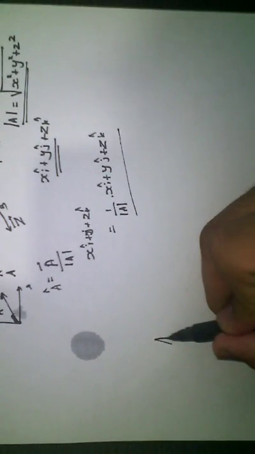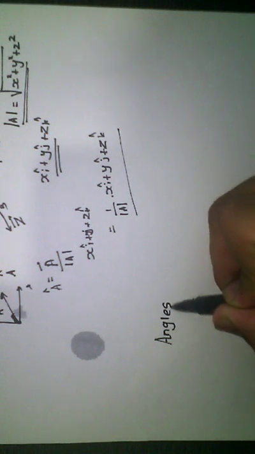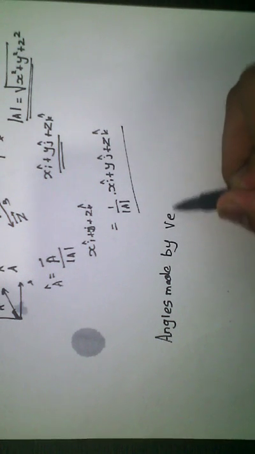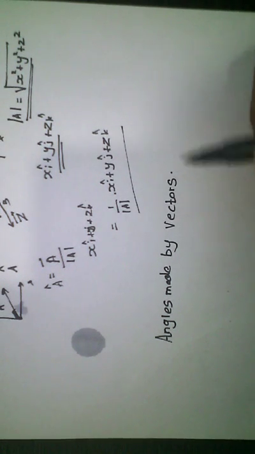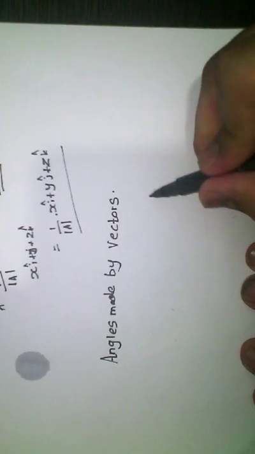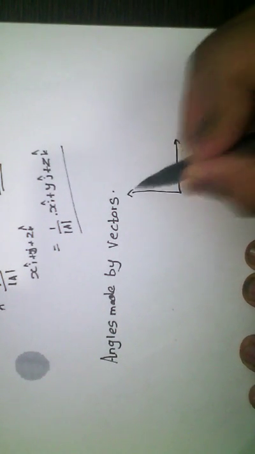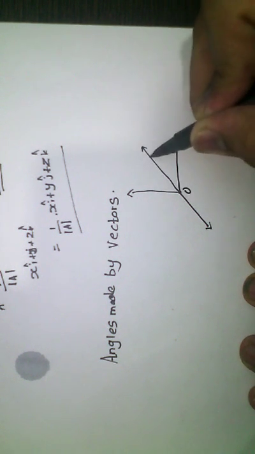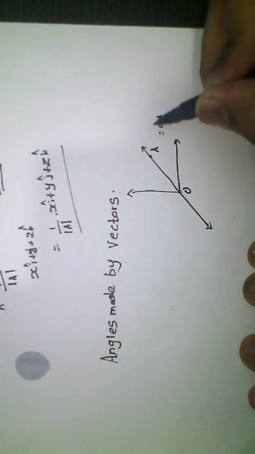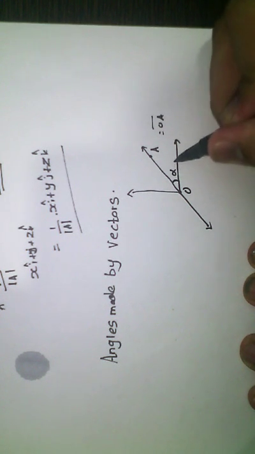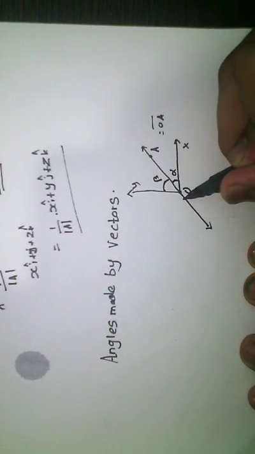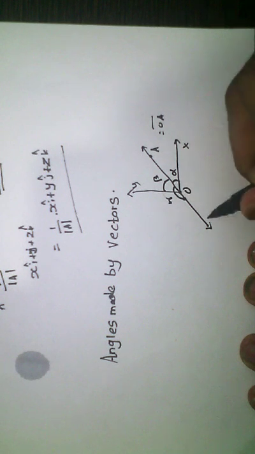And now let us go to the angles made by vectors. Suppose in the Cartesian space, that is in x, y and z, there is a vector OA bar, making angle alpha with the x-axis, beta with the y-axis, and gamma with the z-axis.